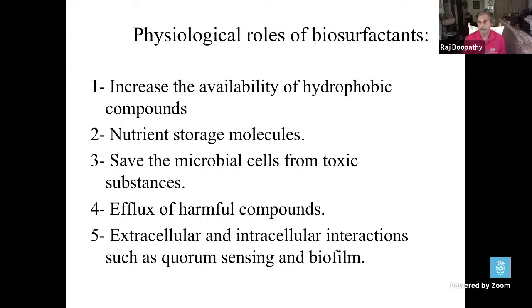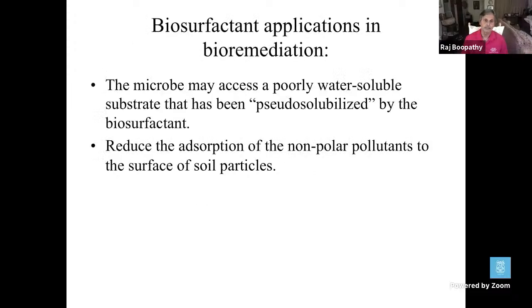The harmful compounds can be excreted out quickly by the bacteria, so the bacteria will survive in the presence of the toxic nature of the chemical. And also another feature of biosurfactant is its extracellular and intracellular interaction. It helps in quorum sensing and in biofilms of bacteria. So those are some of the benefits of biosurfactants with the microbes.